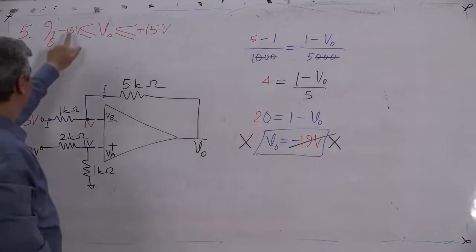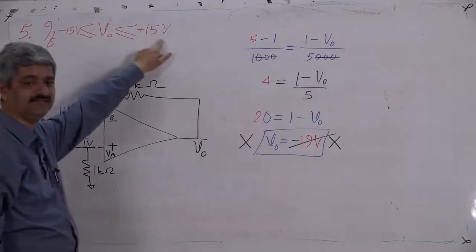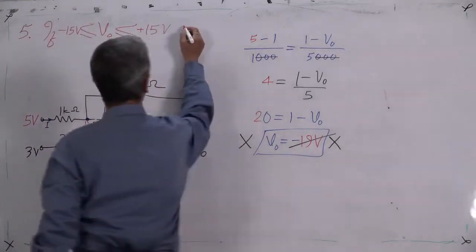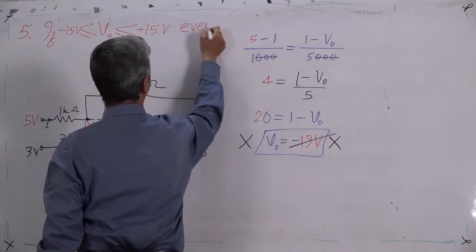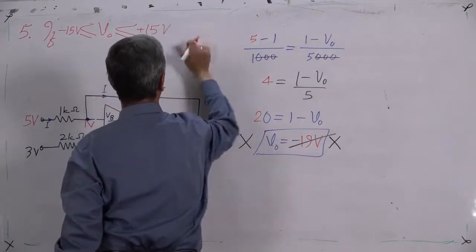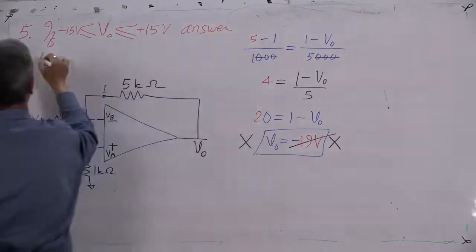So if minus 15 is less than or equal to VO, less than or equal to plus 15, everything is right, the answer is correct.